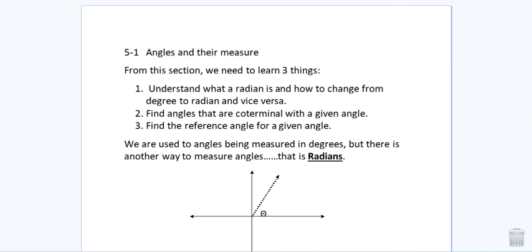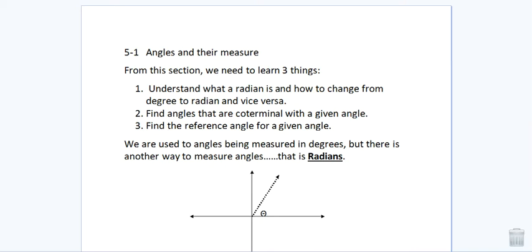It has something to do with the radius, absolutely. Anybody know how many radians are in a full revolution? That's okay. I'll tell you here in a little bit. I'll show you what radians means in a second. So one thing is to turn radians into degrees or degrees into radians. I'll show you how to do that today.